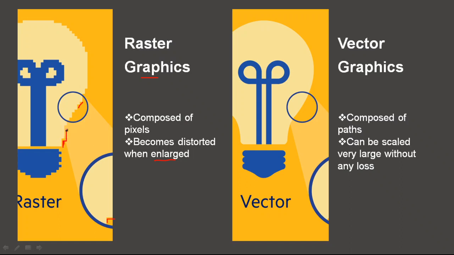It's not a smooth surface, but an irregular surface because it's a raster graphic. Now come to vector graphics. It can be scaled very large without any loss. Its smooth surface is not lost when we make it large because it's not made up of pixels. It is made up of paths and lines.